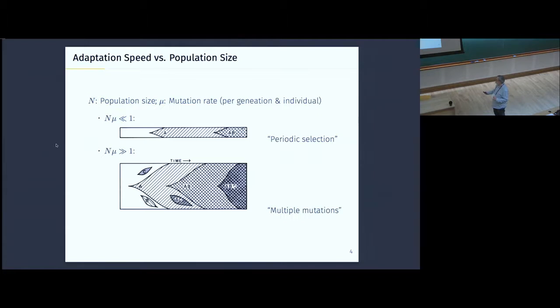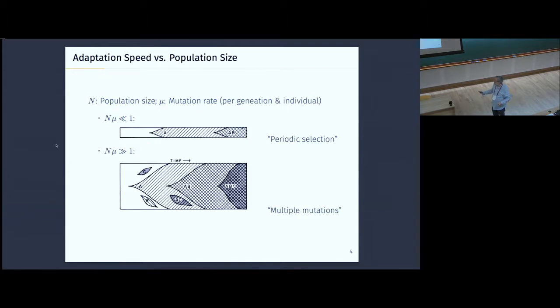And then, lo and behold, another advantageous mutation arises in the population, starting from the wild type. But meanwhile, this A variant is going to fixation.